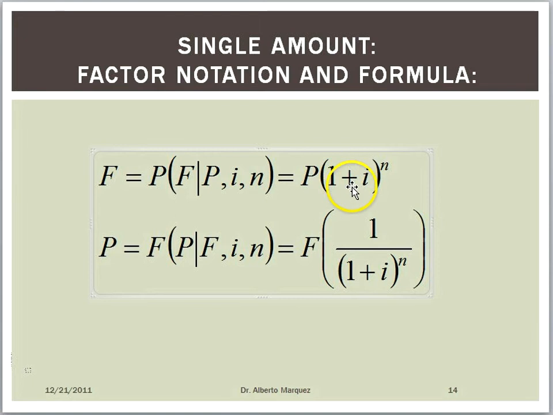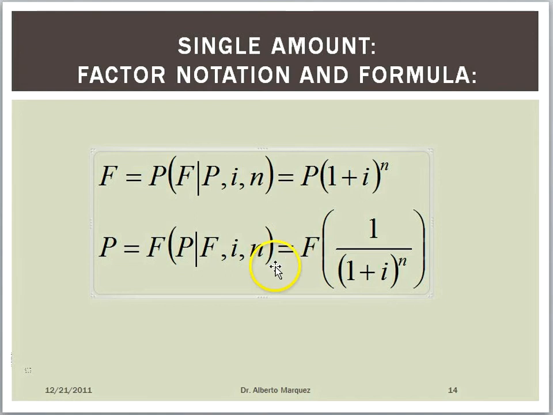It's also usual to use a short notation for that: F given P, i, n. The factor allows us to find the future value if we know the present value, the interest rate, and the number of periods.